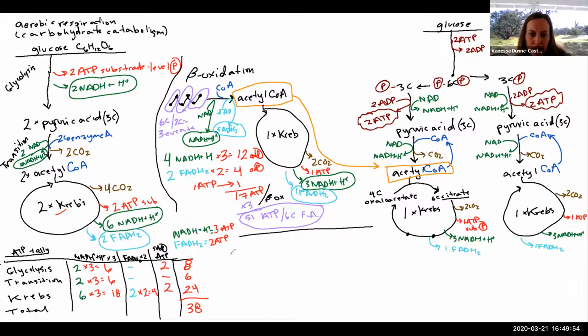Okay, so let's do this last example here where we have an example using alanine. So in this case, alanine is converted into pyruvic acid or pyruvate, only one of them. And this process generates a reduced electron carrier.